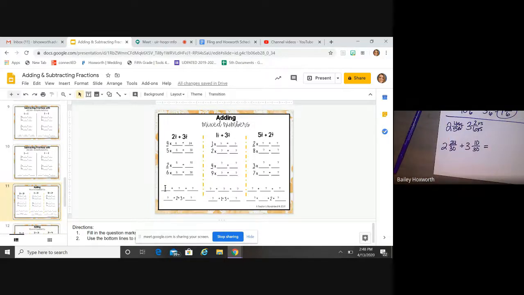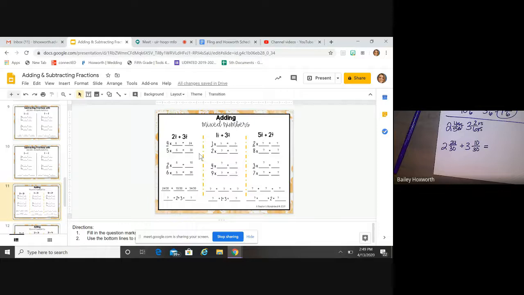I have 24/30ths plus 10/30ths equals 24 plus 10, which equals 34/30ths. Whoa, 34/30ths is an improper fraction. That's weird.